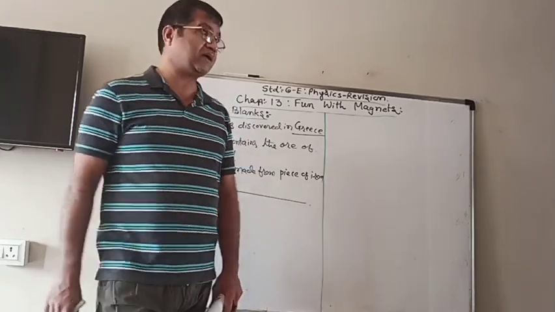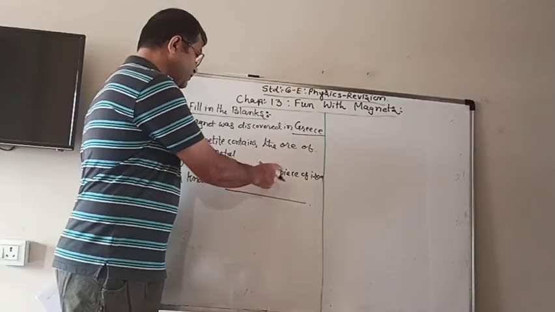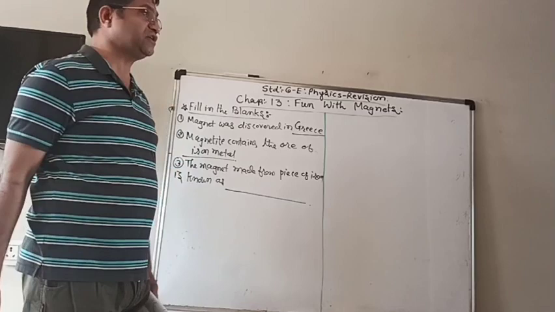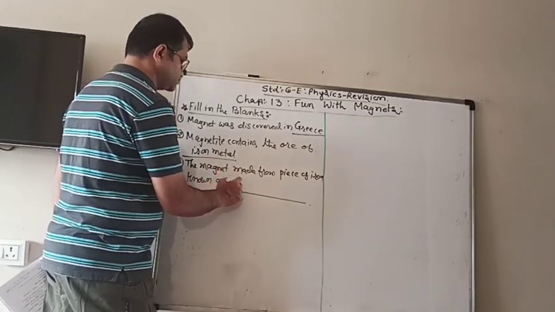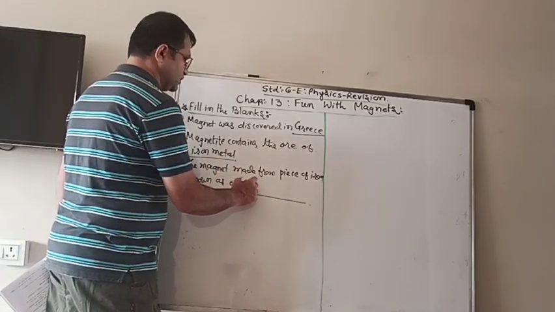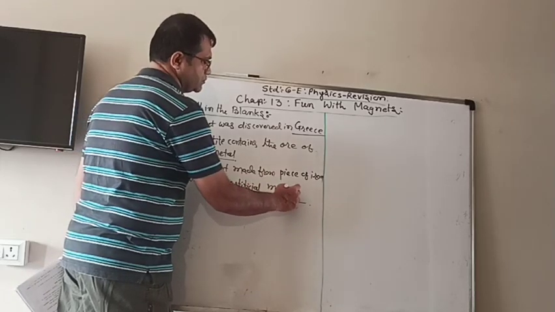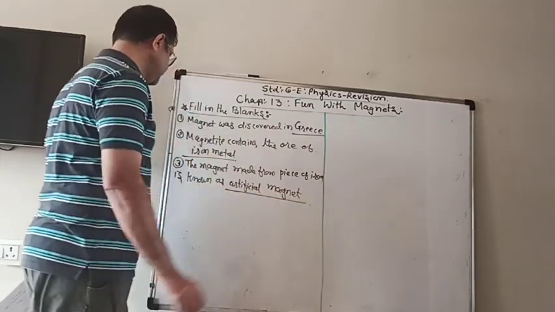But when we make it from a piece of iron, then it is known as an artificial magnet.